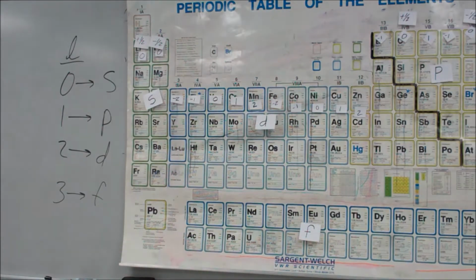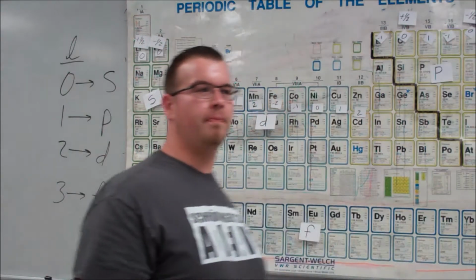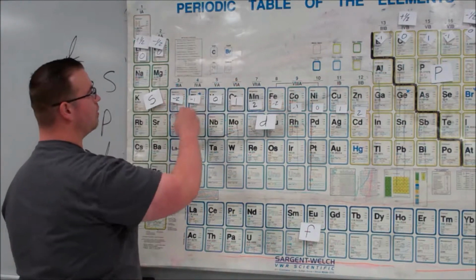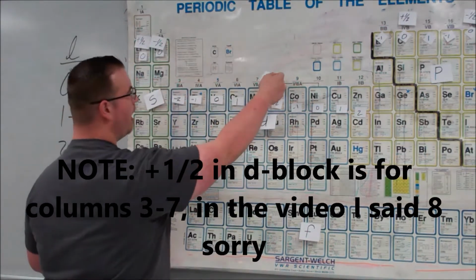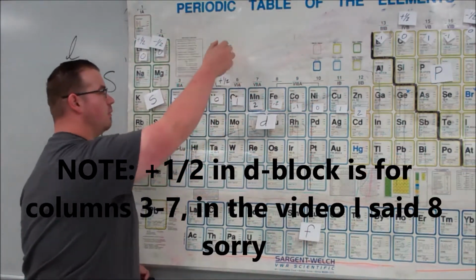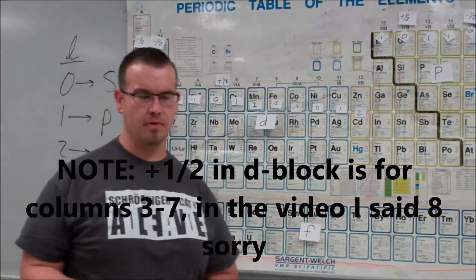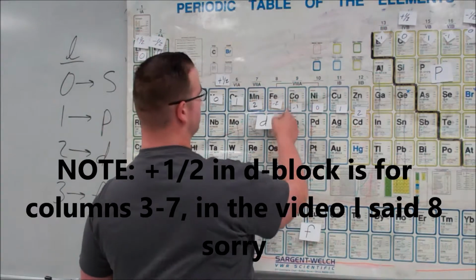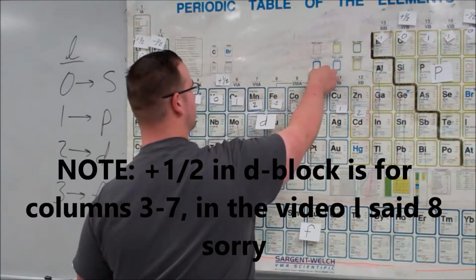Remember, you start with the up arrow, which is the positive. So columns 3 through 7 are the plus 1/2 for the spin quantum number, and then -1/2 is 8 through 12.